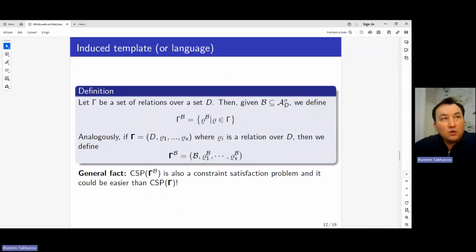The interesting phenomenon that we observe is that for many interesting collections of algebras, this gamma superscript B will be tractable, even if the initial gamma is NP-hard.